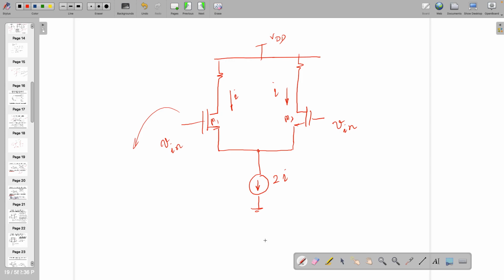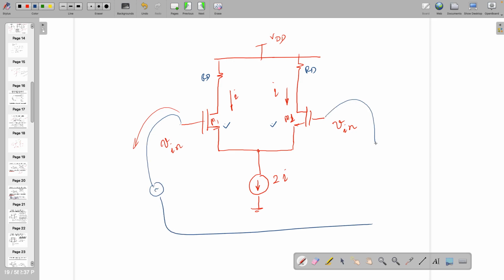And what it indicates is that if both transistors M1 and M1, which are identical to each other, and RD are all identical, then I need some voltage in addition to this.